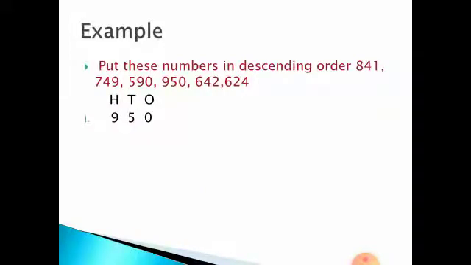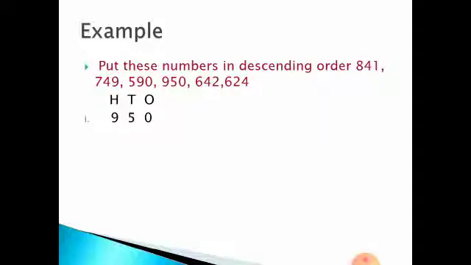Here you will put these numbers in descending order. The numbers are given in random, means these numbers are not arranged, but we have to arrange these numbers according to the descending order.